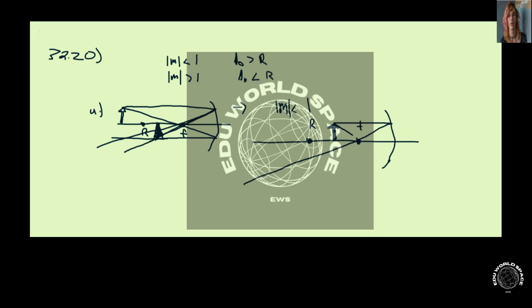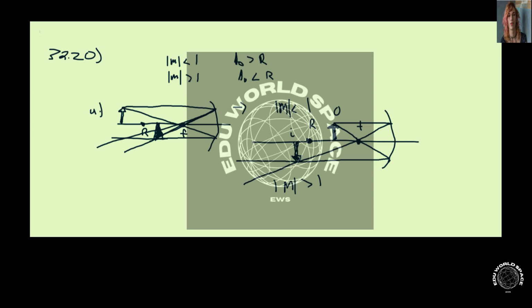Now let's go through the focal length, and this one is going to go straight back out. So we're left with our image right here. And we should see that this image is now bigger than the object. So the magnification is greater than 1, which is exactly what we wanted to show.